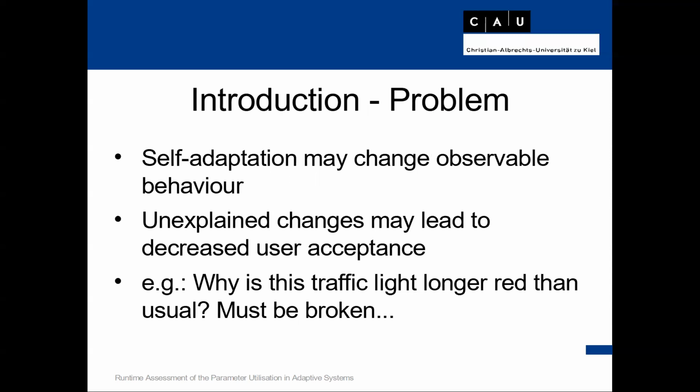We assume self-adaptation may change the observable behavior of a multi-agent system, and that unexplained changes in the behavior may lead to a decreased user acceptance. For example, a red traffic light which takes longer than expected, then you might ask, why does it take longer? Maybe it's broken. So at this point, it would be nice to have an explanation.